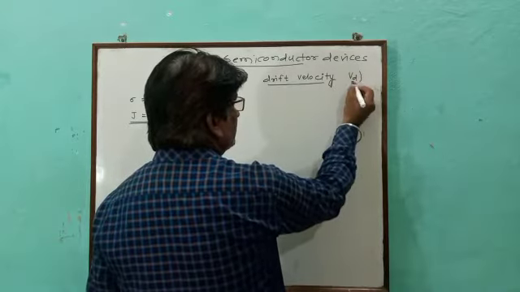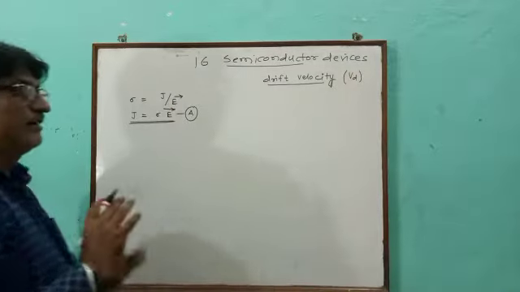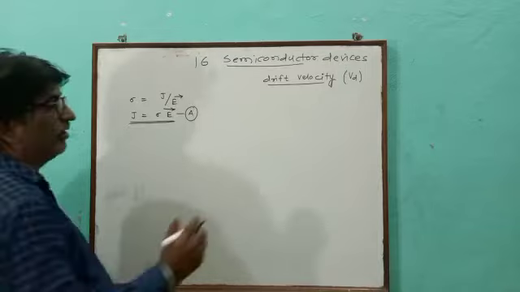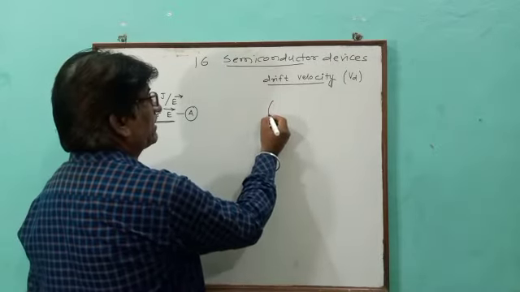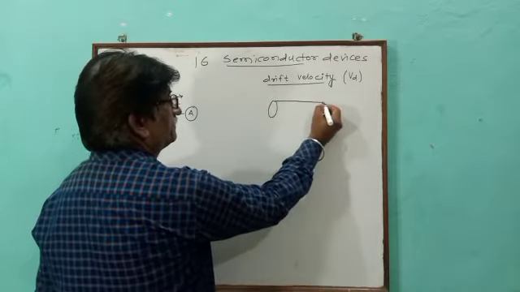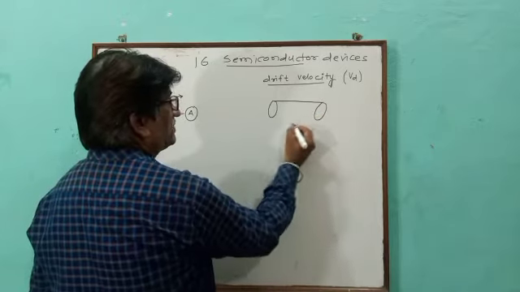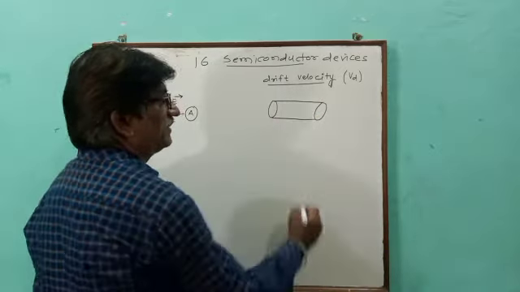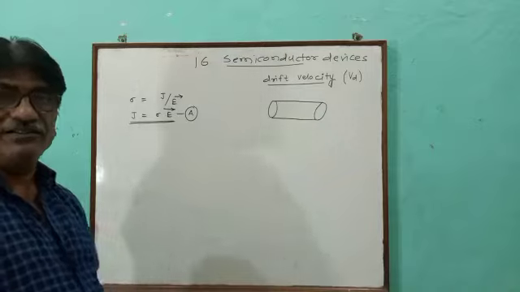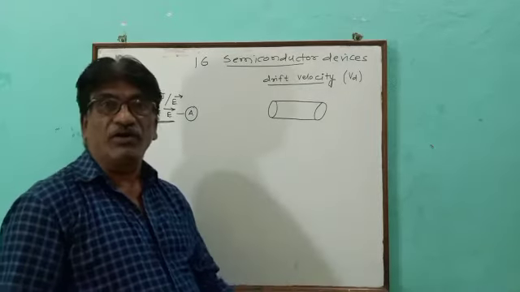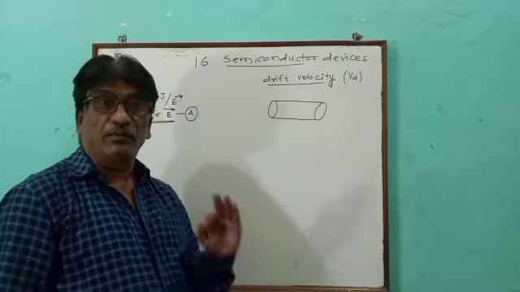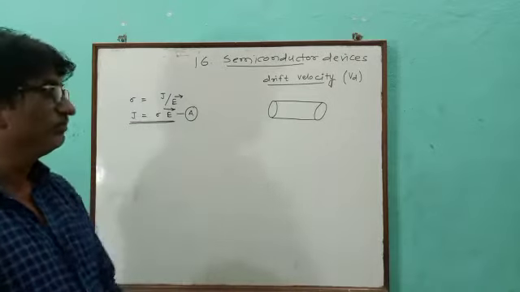Before seeing its expression, first of all, we know that a metallic conductor consists of a large number of free electrons per unit volume.